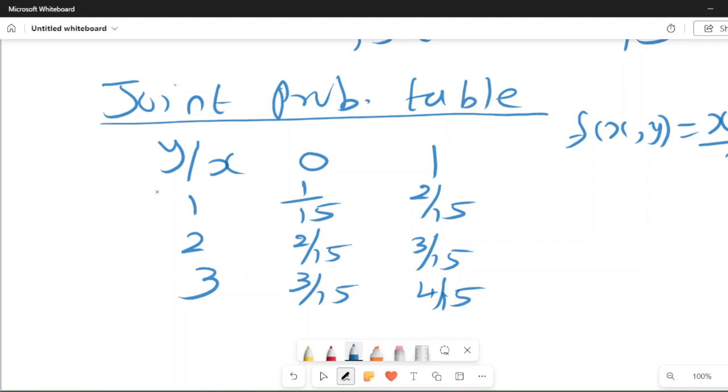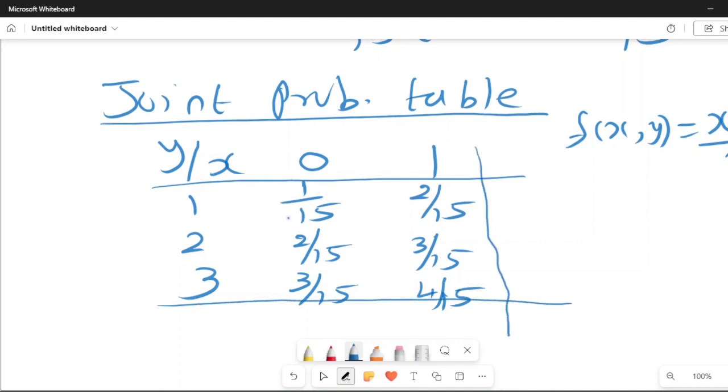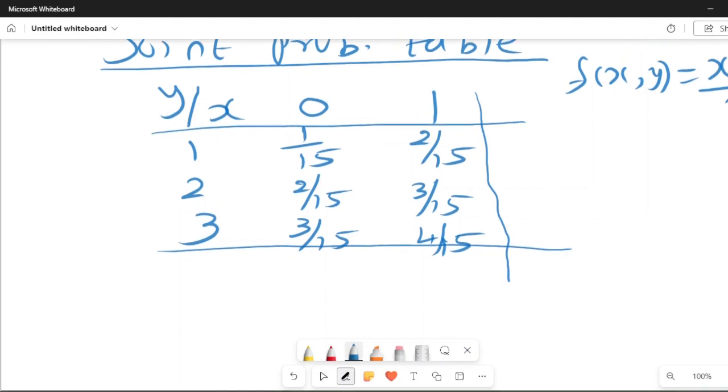This then is what we'll call the joint probabilities, where both x and y occur together. And I can come up with the marginal probabilities: 1 plus 2, which is 3 over 15, 5 over 15, 7 over 15. And if I sum these, they give me 1.